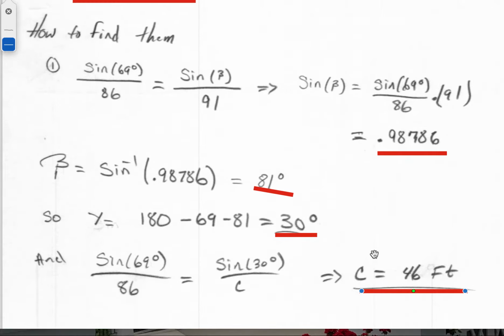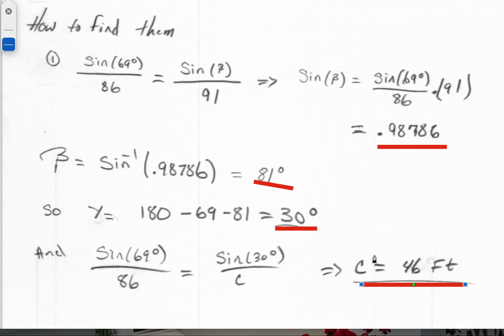So for my first triangle, I have beta 81, gamma 30 degrees, and C 46 feet.